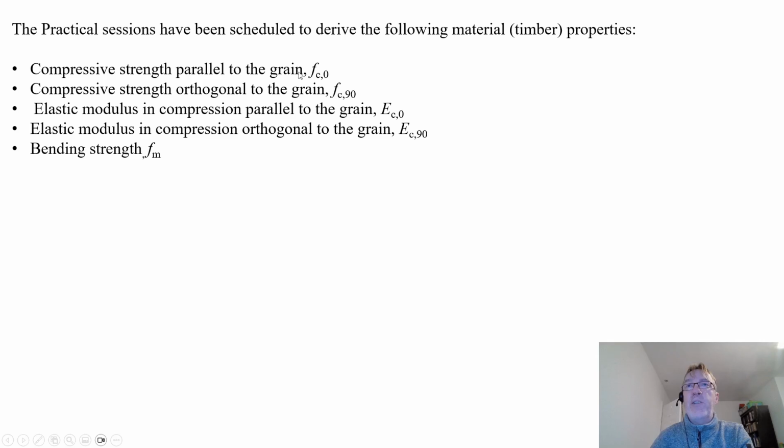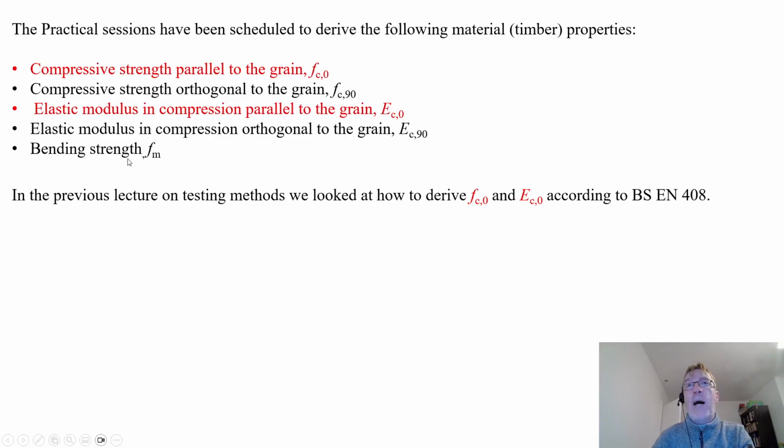And again, these are the properties we'll be determining within all of the tests in the practical session. Compressive strength parallel to grain, and then perpendicular to grain, and then modulus of elasticity, or the stiffness, parallel to grain, and then perpendicular to grain, and then the bending strength.